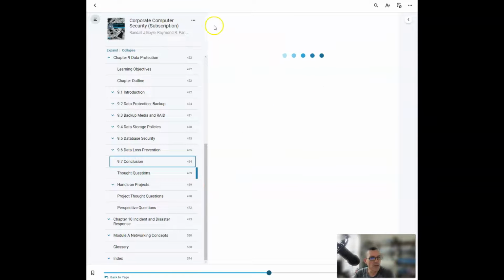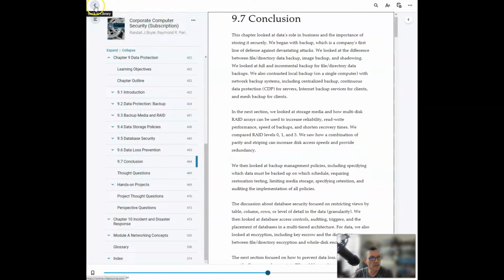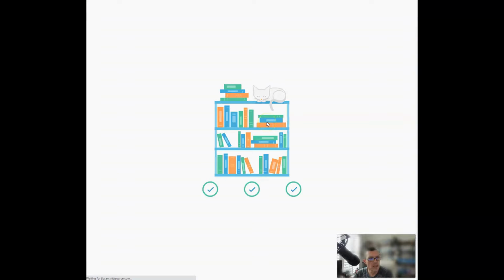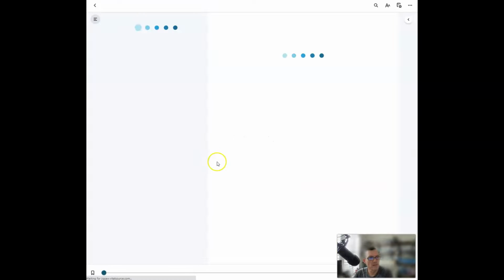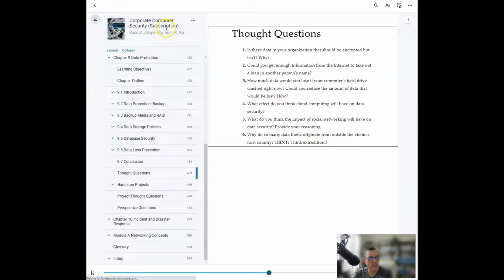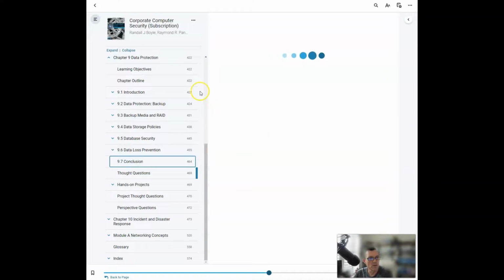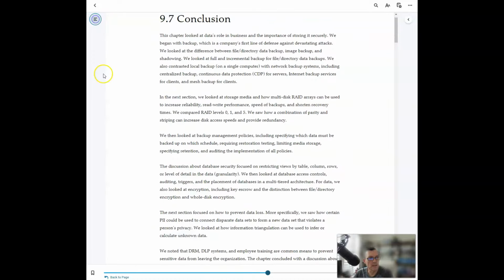So we're going to go to chapter 9.7 in the book. Whoops, sorry about that. Actually exited the book there. See if I can get back there. All right, here we are. Corporate Computer Security by Boyle and Pankow. And I'm going to go to 9, and then I'm going to collapse that.